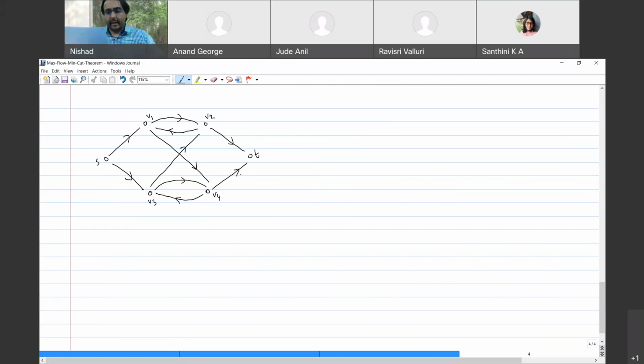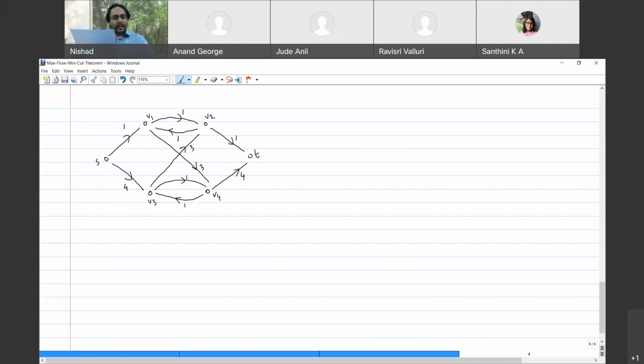And the capacities that are given to us are these black numbers.